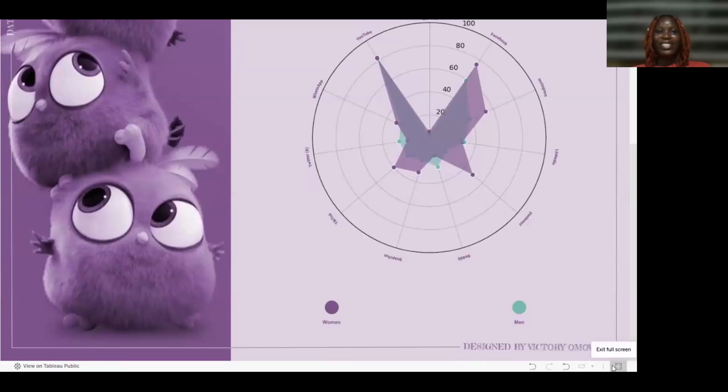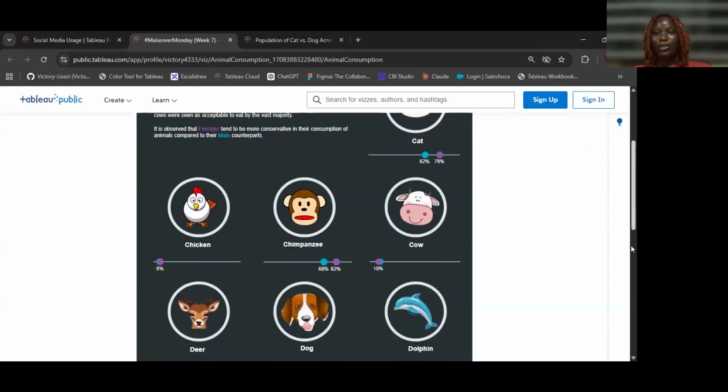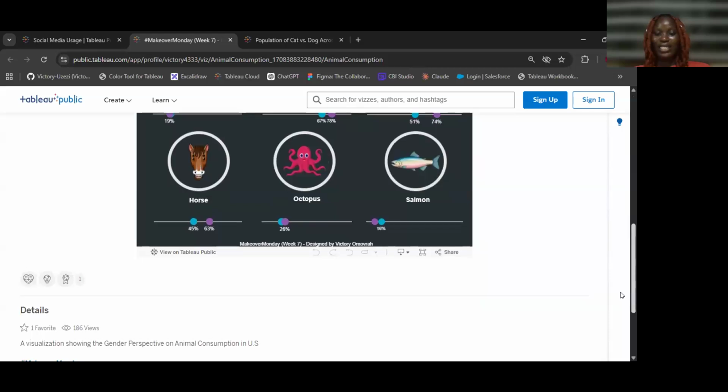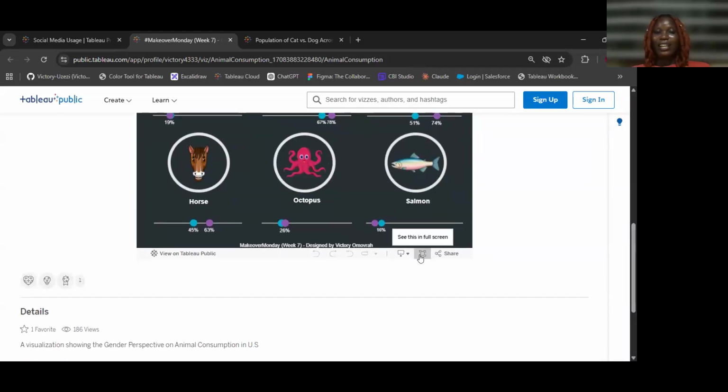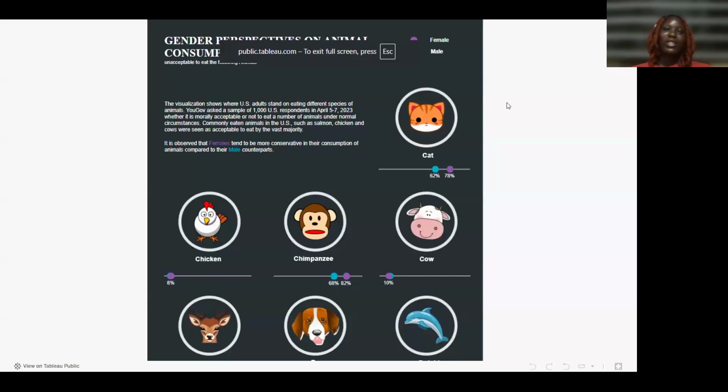So the next project, again, I also used a Makeover Monday data set, and this data was about gender perspective on animal consumption. It's data across the US, and this was in 2023. It's not recent as of 2026.